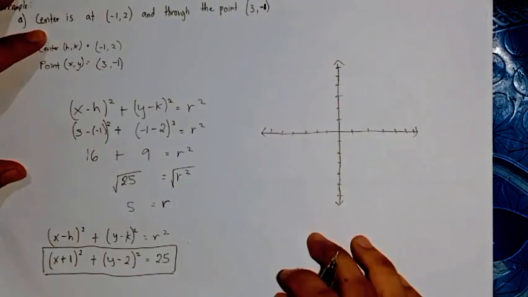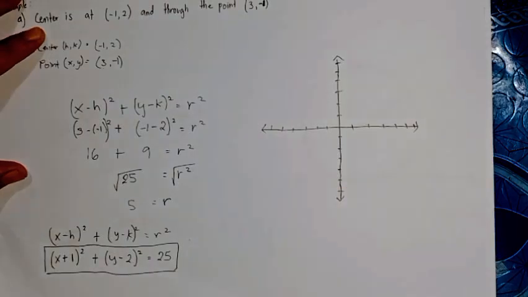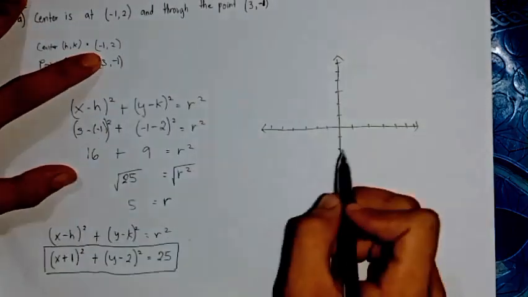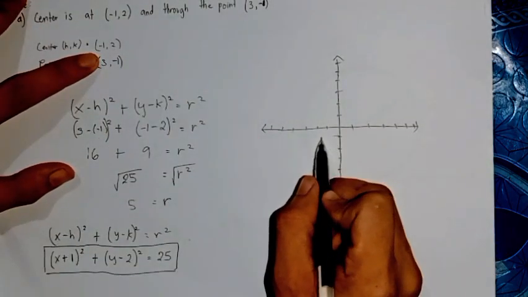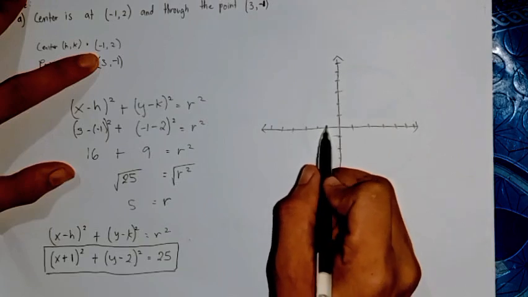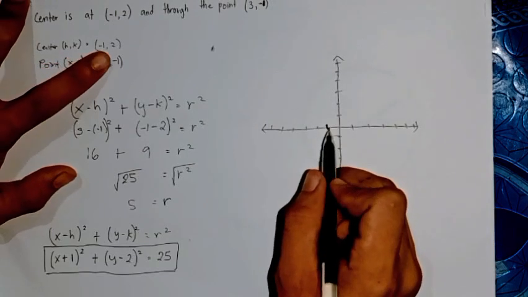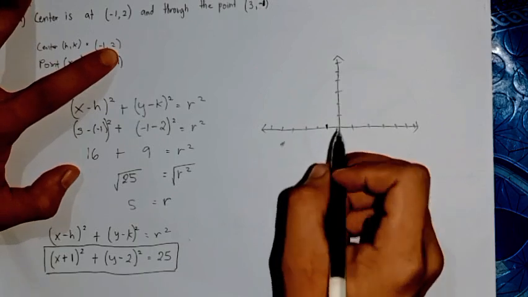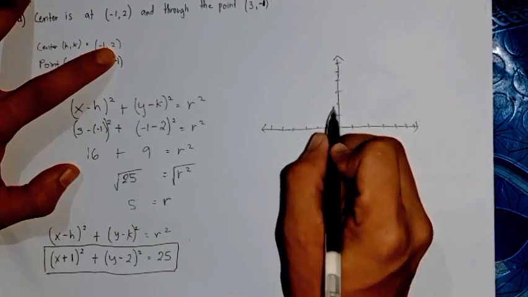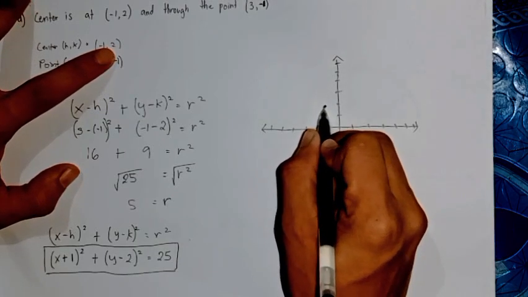Since we have a Cartesian plane, our center is -1 and 2. Our h is -1, and our k is 2. Therefore, here is -1, 2. This is our center.